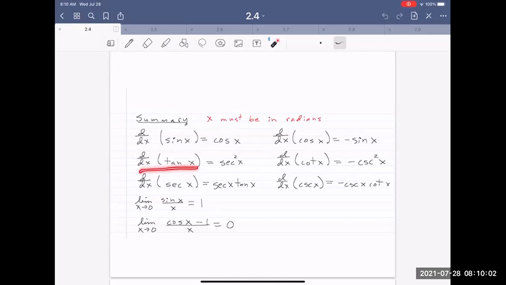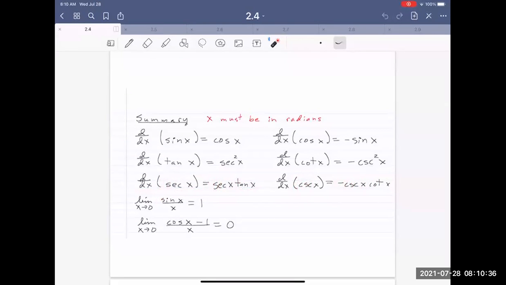The derivative of tangent x is secant squared. Therefore, the derivative of cotangent x is a minus cosecant squared x. The derivative of secant x is secant x times tangent x. Therefore, the derivative of cosecant x is a negative cosecant times cotangent x.